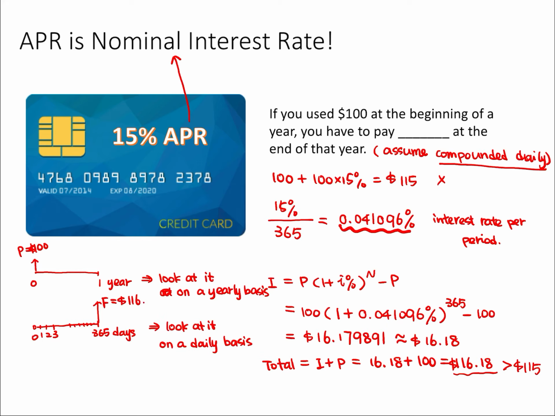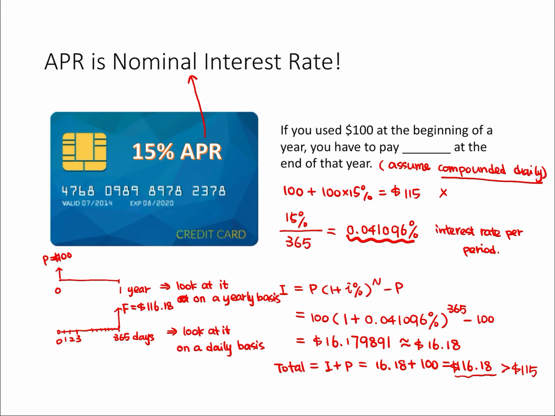This is your future value. So somebody wants to find an interest rate, i prime. And that i prime is an annual interest rate. And somehow if you use that i prime percent, you can convert 100 to 116.18. That's the idea. That's how we say we look at the same case, but on a yearly basis.